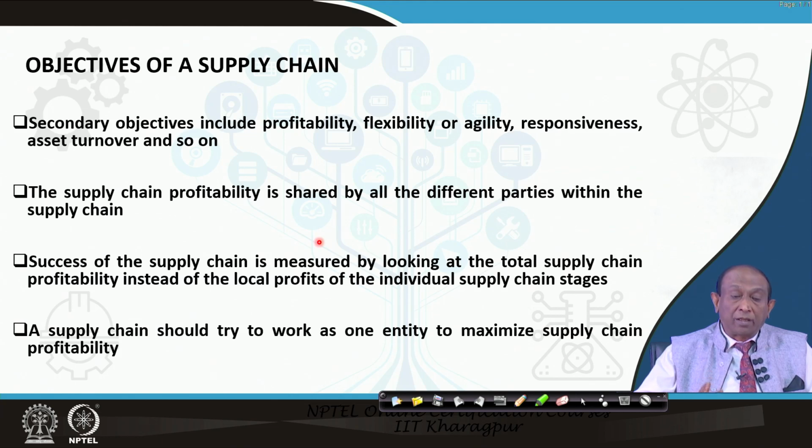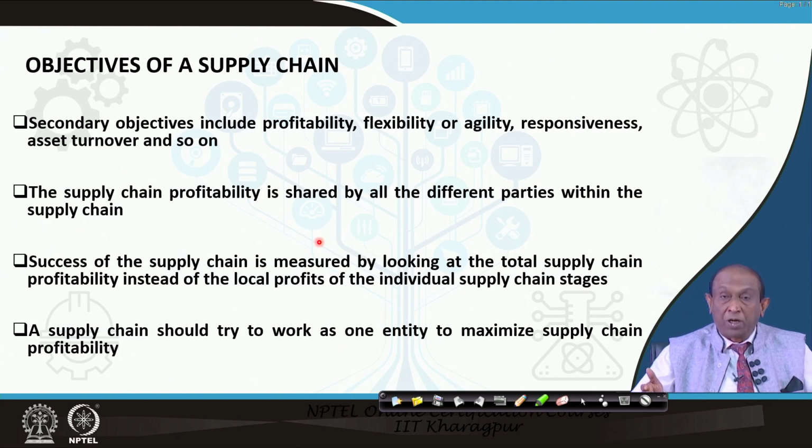First, let us start with supply chain profitability. The supply chain profitability is shared by all the different parties within the supply chain. The success of any supply chain is measured by looking at the total supply chain profitability instead of the local profits of the individual supply chain stages. It is not important that individual members try to maximize their own profitability.